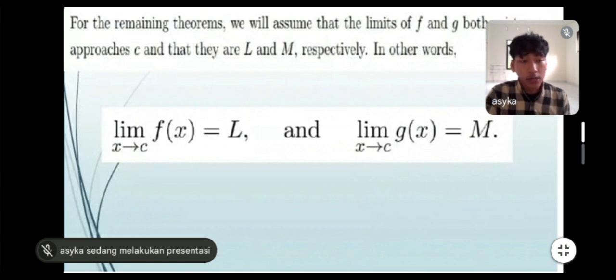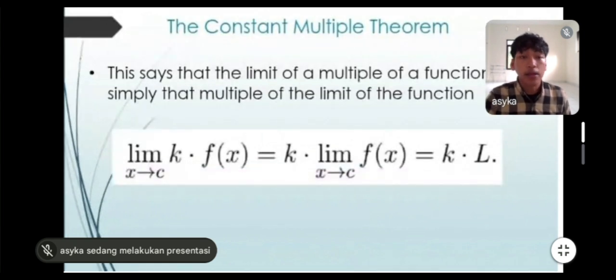In other words, limit x approaching c f(x) equals L, and limit x approaching c g(x) equals M. The constant multiple theorem says that the limit of a multiple of a function is simply that multiple of the limit of the function.